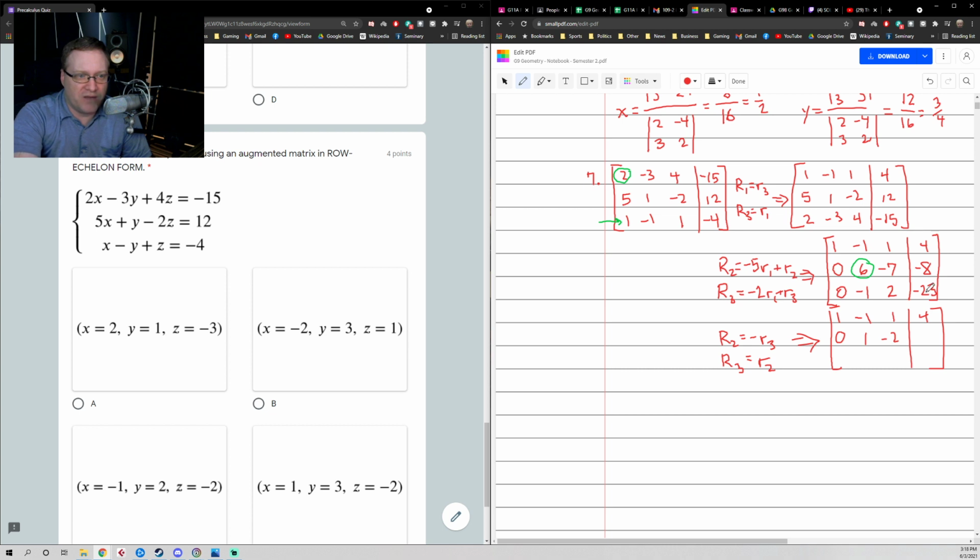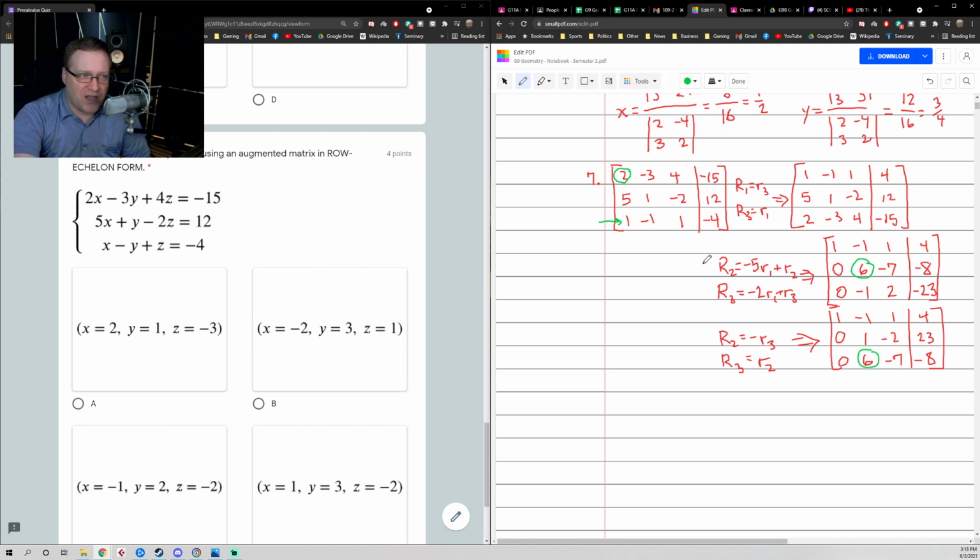And then the negative 23 is going to become positive 23. And then this row moves down here, becomes 0, 6, negative 7, negative 8. All right. So we did it. We got a 1 here. So now the next step is we want to get a 0 here.